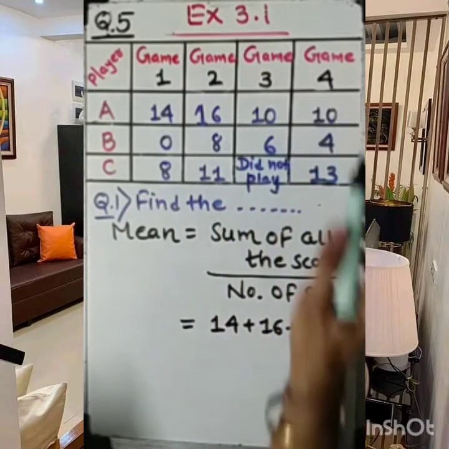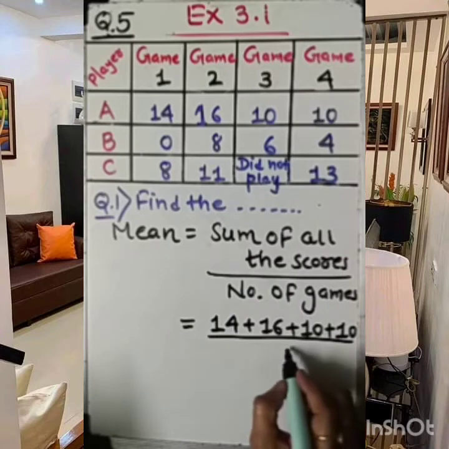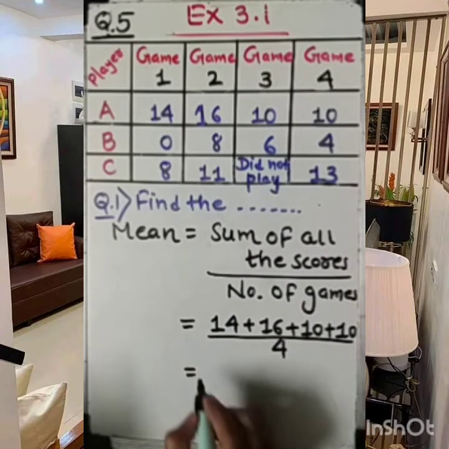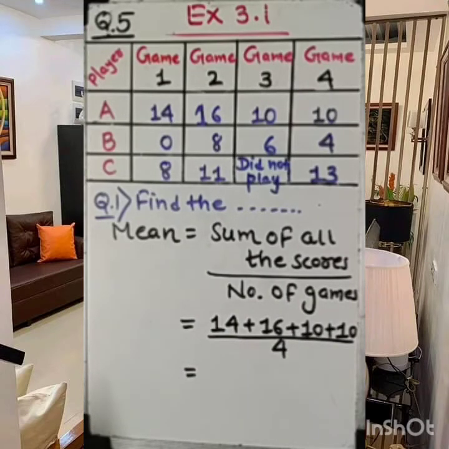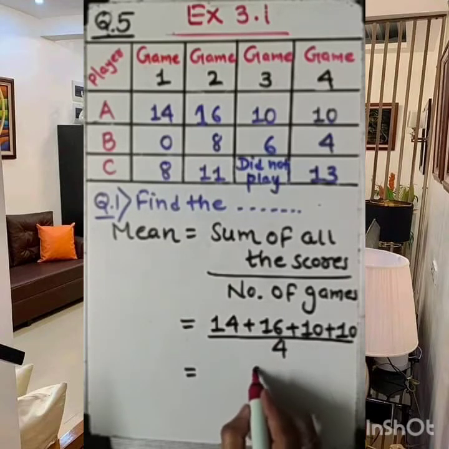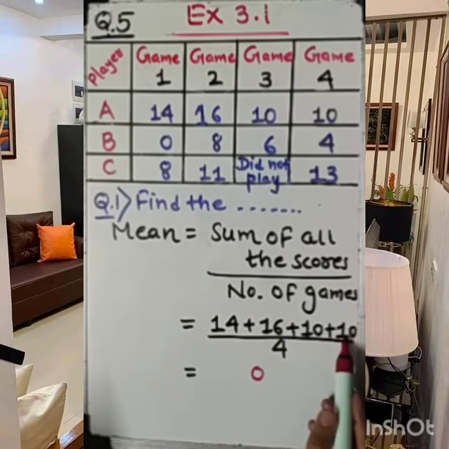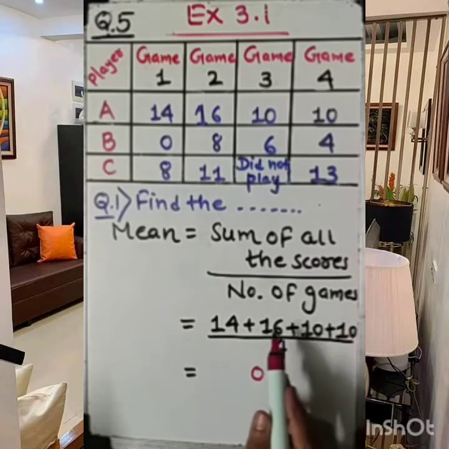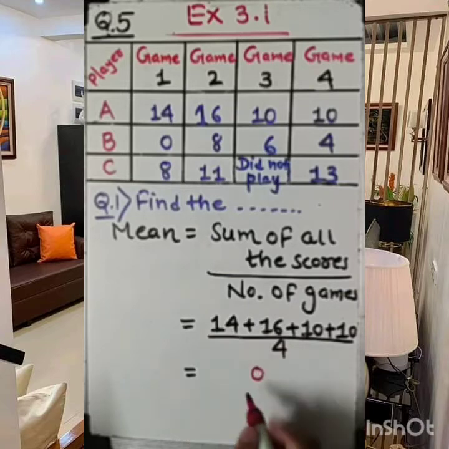These 4 numbers are there, which will be divided by 4 itself. So what do we have here? 6 plus 4, again 0, 1 carry over, 1 plus 1, 2 plus 1, 3 plus 1, 4 plus 1, 5. So that is 50.